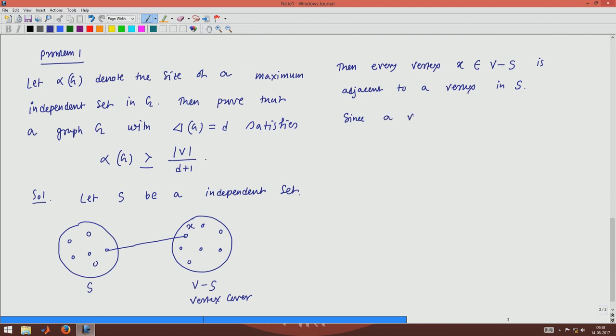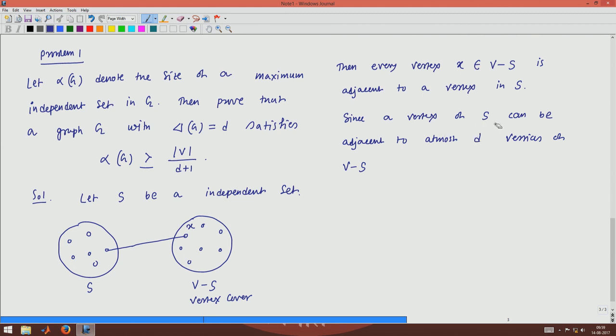Since a vertex of S can be adjacent to at most d vertices of V minus S, because the maximum degree is d.